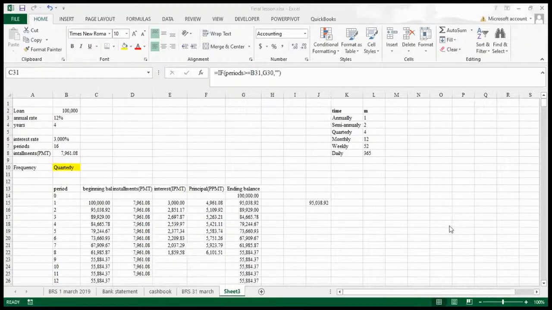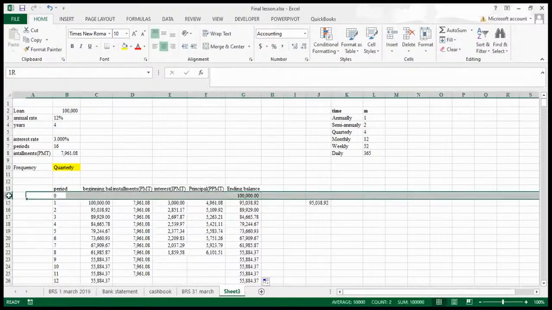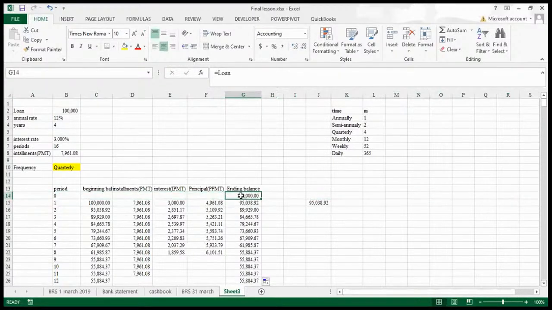Highlight the formula again, please, for the beginning. The beginning is the ending of the previous period. So in period 0, our ending is the loan amount. In period 1, our beginning is the ending in period 0, which is the loan amount.